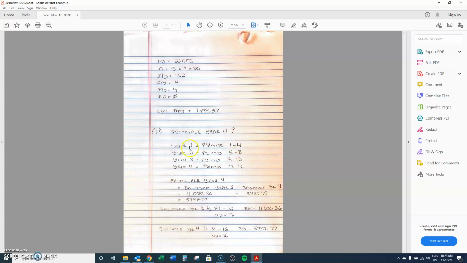So this is your first thing you need to figure out. Draw a timeline and put in year 1, year 2, year 3, year 4, but then put in your smaller lines there for your payments, 4 payments per year. Write it out like this, however works for you. But your first step is to figure out what number of payments are in each year.